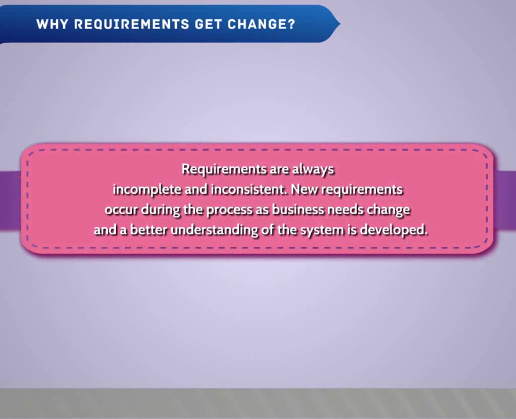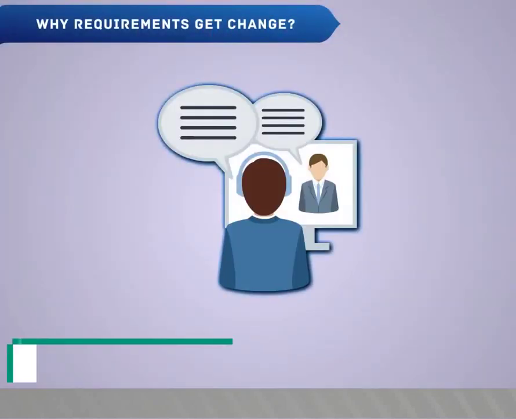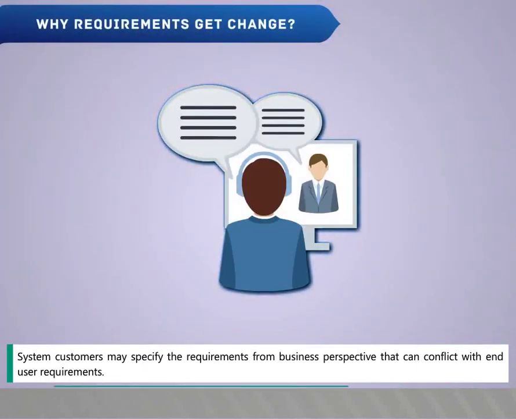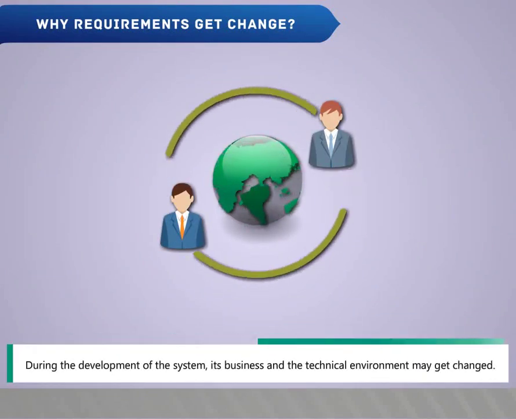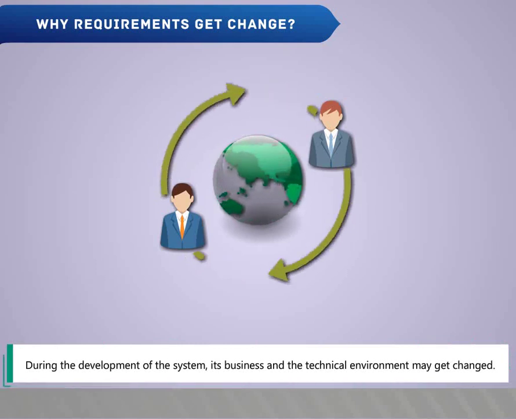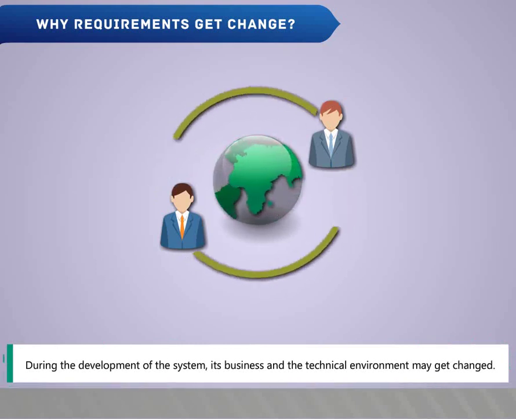New requirements occur during the process as business needs change and a better understanding of the system is developed. System customers may specify the requirements from a business perspective that can conflict with end user requirements. During the development of the system, its business and technical environment may change.